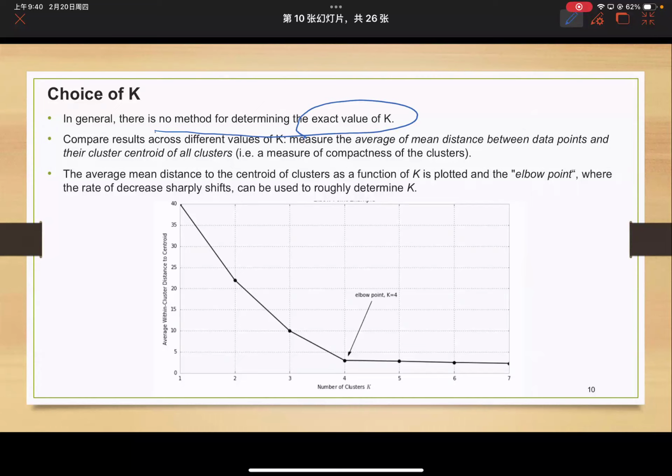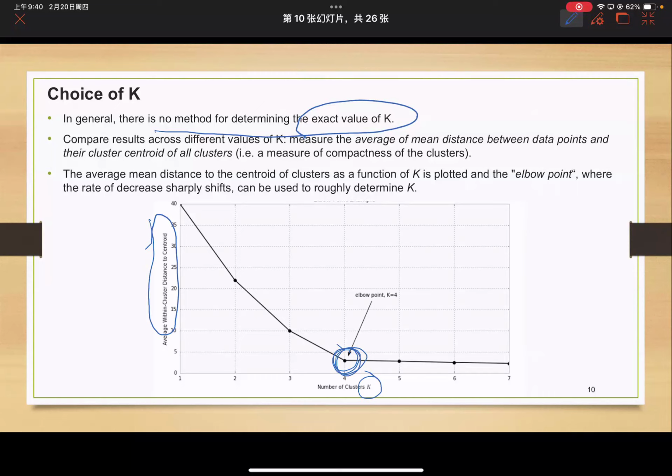And if we try different k values for the k-means clustering, we can plot the relationship between k and the within-cluster distance. Okay, the sum of the distance to the centroid. And then we will find our elbow point when we are doing experiments, when we are trying different k values.